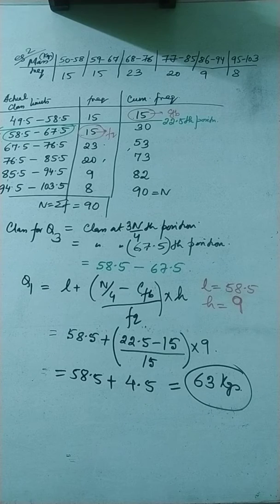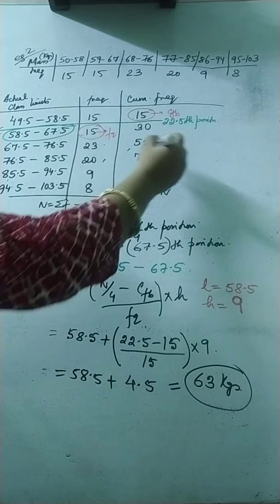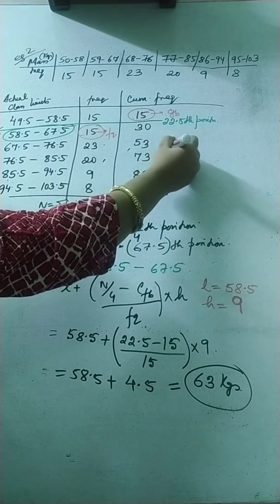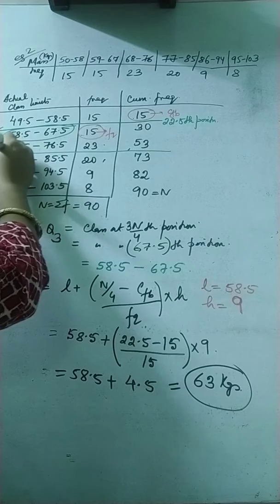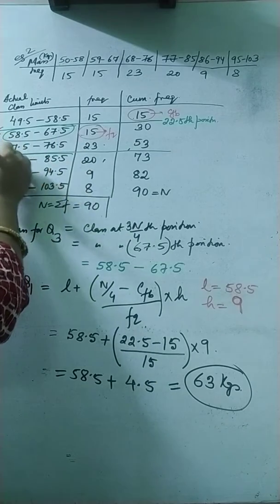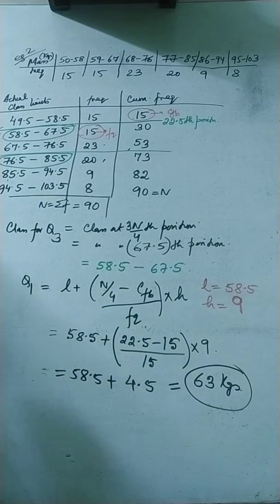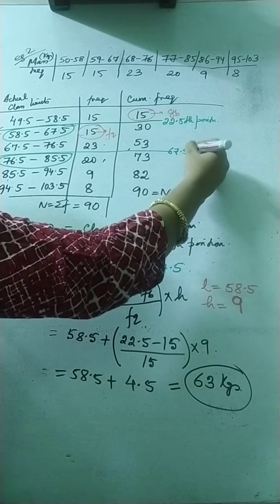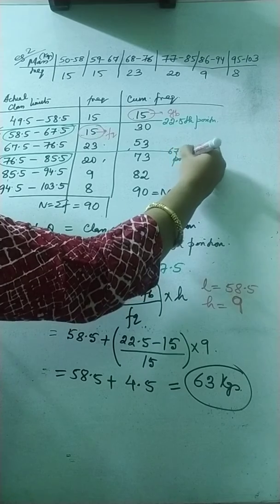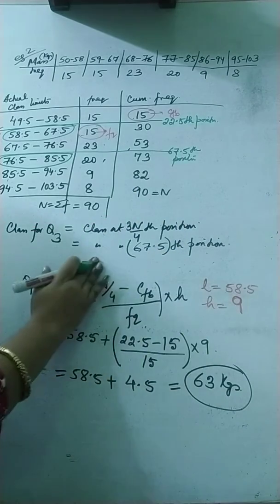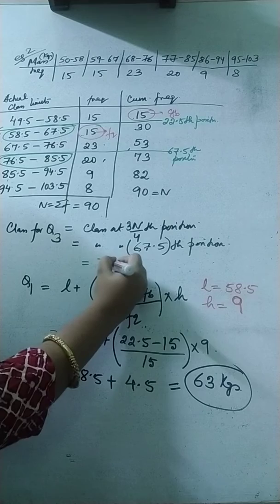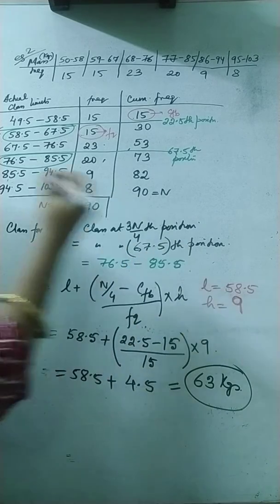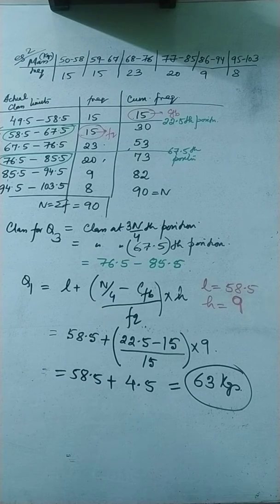It's beyond 53, but it's above 73, so it's somewhere here. So this is your class, 7.5th position. So the class interval will now become 76.5 to 85.5.